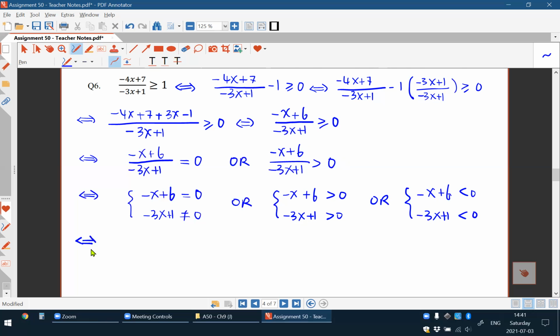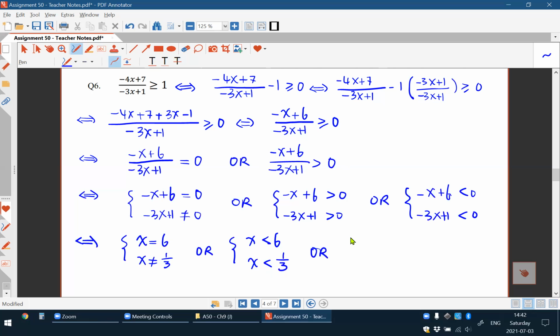Okay, so this is equivalent to the solution of the equation is x must be 6 and x cannot be 1/3, right? Or x is less than 6 and x is less than 1/3.